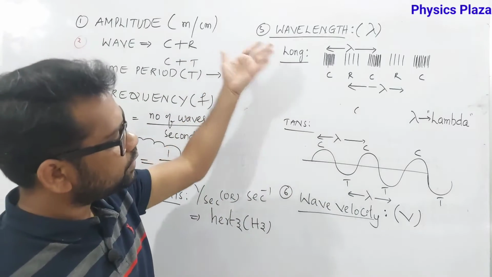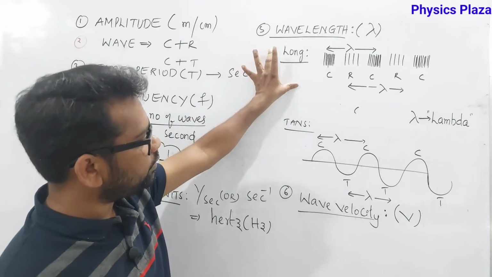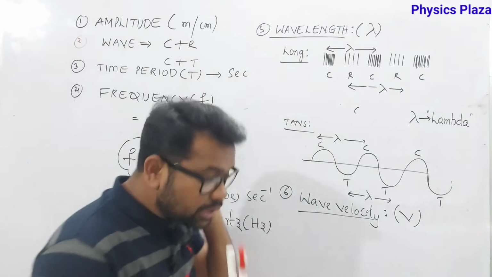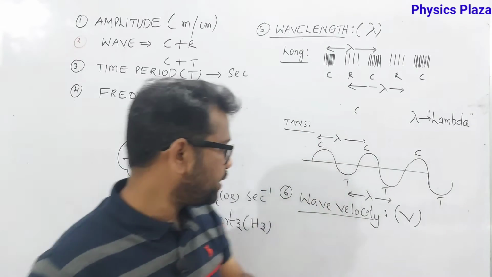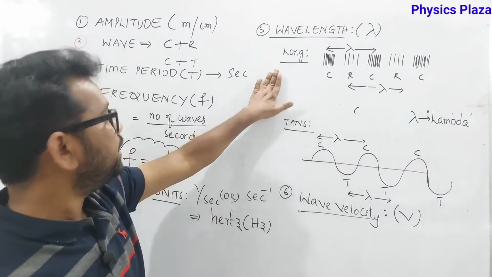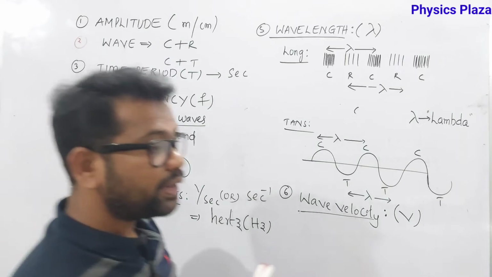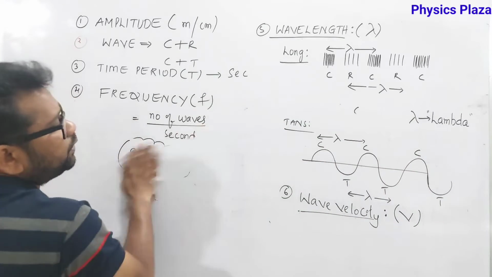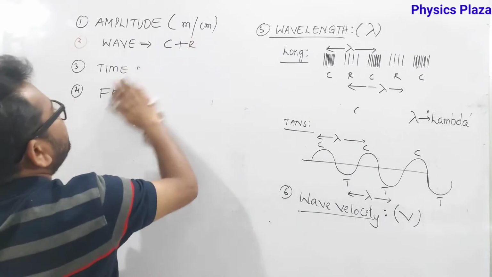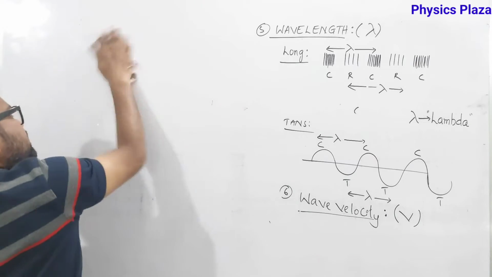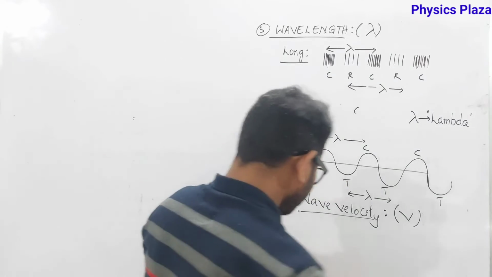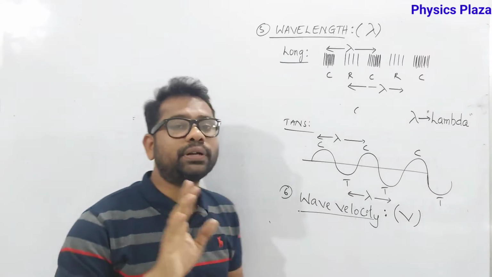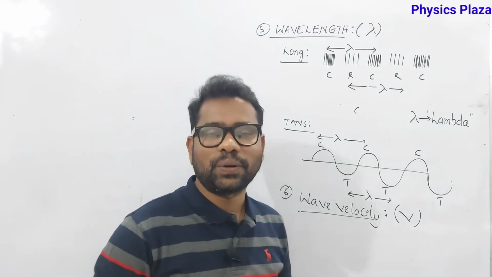And wavelength, of course, we have just seen in terms of longitudinal wave and transverse wave. From the examination point of view, the relation between wave velocity, wavelength, time period, and of course frequency also, is very important. So children, in simple terms, let us think, what is speed equal to?